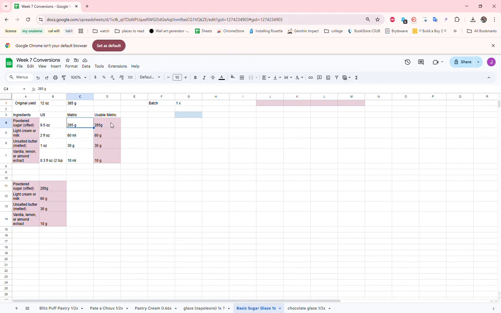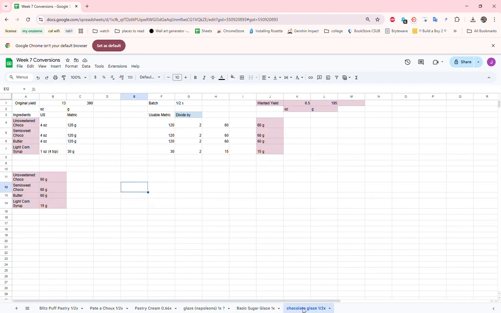I just transferred grams all the way across to our usable metric. And for milliliters, I converted them into grams. 1 milliliter is approximately 1 gram, so 60 milliliters turns into 60 grams, 10 milliliters turns into 10 grams. All of these in the usable metric now go all the way down, and we have our ingredients and usable metric, and that is what we're going to write on our notes.